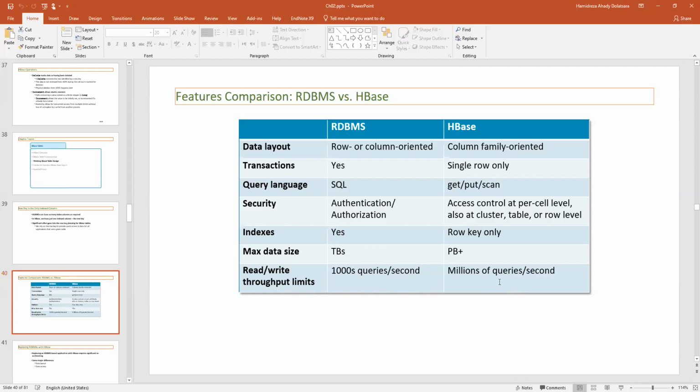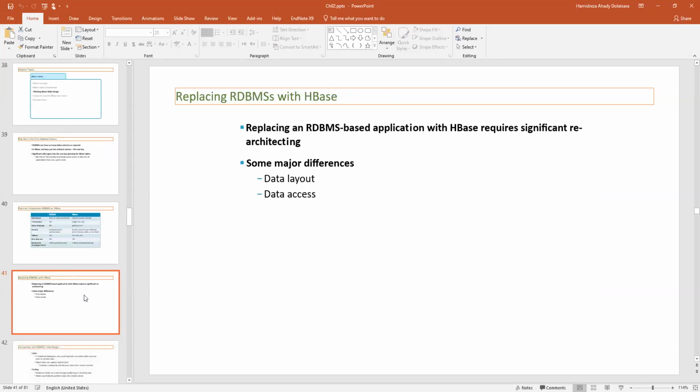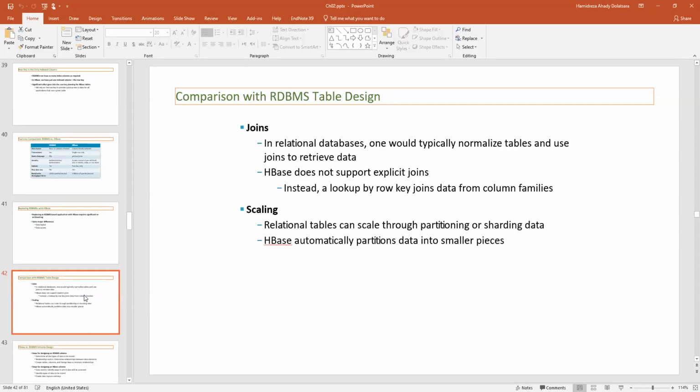The reason is you have multiple clusters working at the same time, so each of them does thousands of operations, and together they can run millions of operations per second. Let me just skim through them.